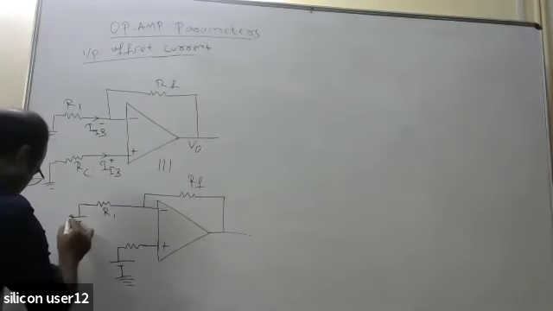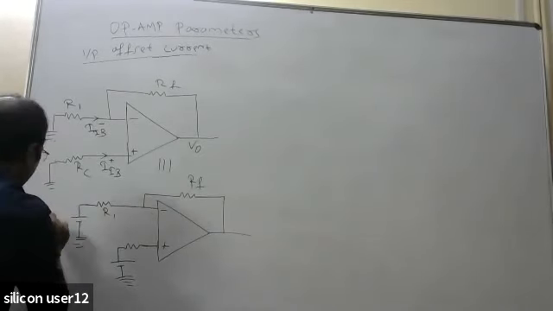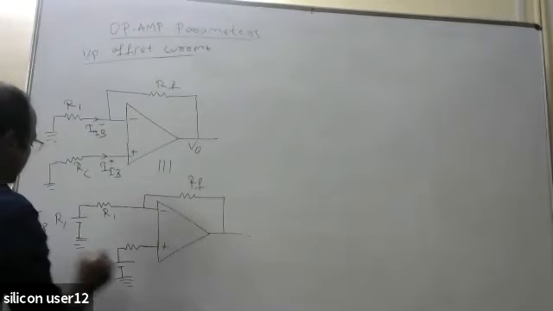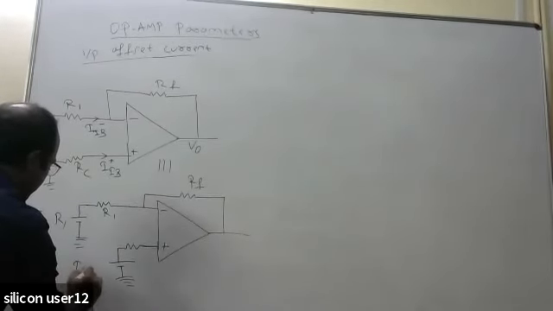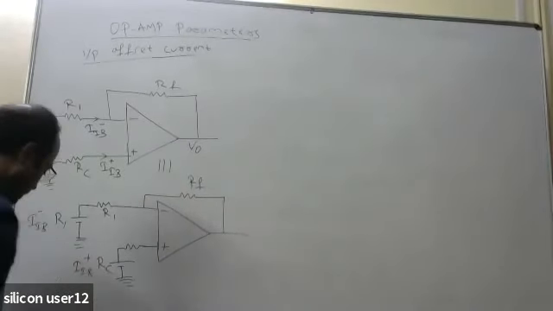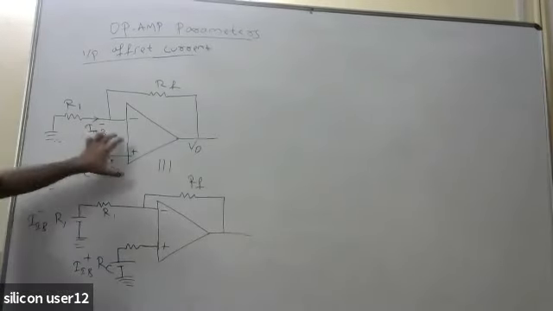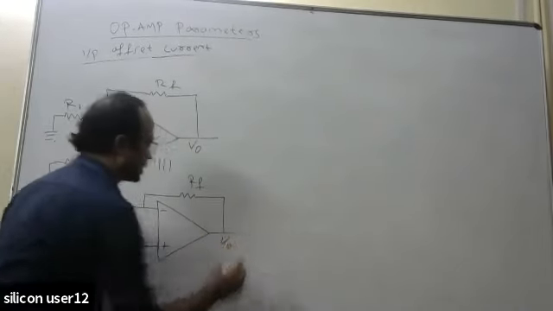This voltage source value is given by IIB minus into R1, and this voltage source value is given by IIB plus into RC. Look at this upper figure and this lower figure. Both are actually the same. It is just another representation.